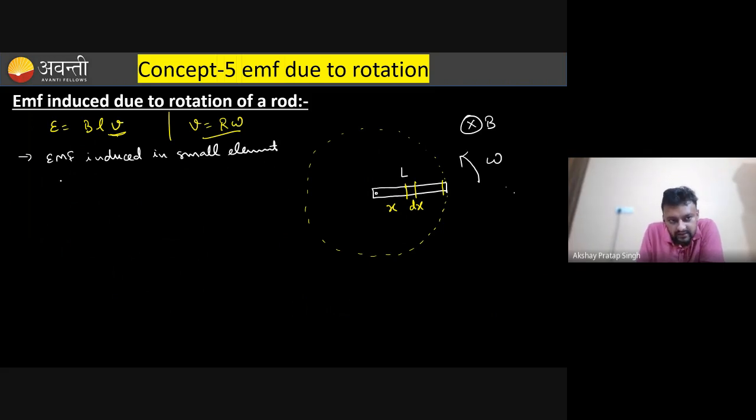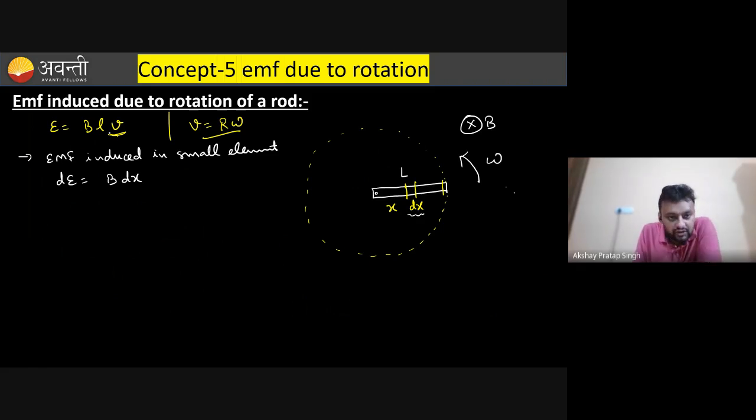You can write it as B, the magnetic field, times the length, times the velocity. What is the length of this small element? You are talking about a small element which has a length dx. So what is the length? dx. Very good. Most of you might have made a mistake. You might have written that x is the length. No, x is not the length. We are talking about this small element which is of length dx only.